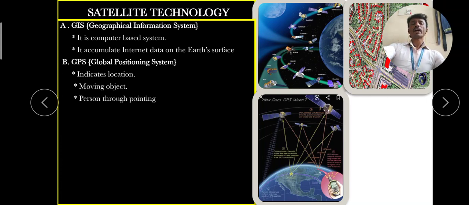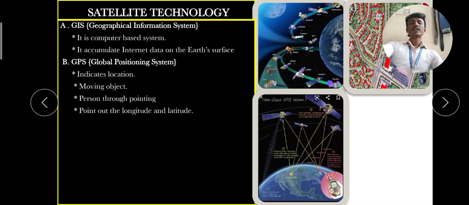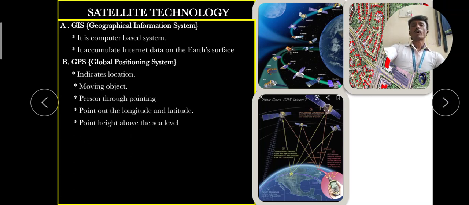And point out the longitude and latitude. Longitude and latitude are lines running north to south or west to east, which are found through the GPS only. So this is detailed information about the GPS under the satellite technology. And the point height above the sea level is also possible to find through the GPS.